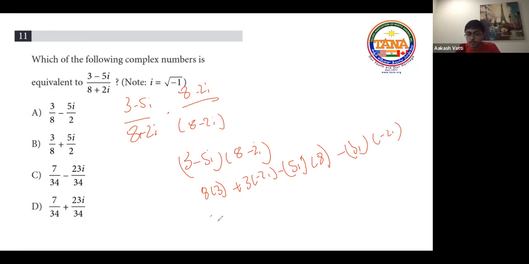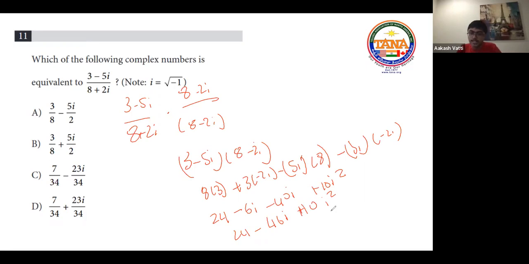And when you do that out, you get 24 minus 6i minus 40i plus 10i squared, which is the same thing as 24 minus 46i plus 10i squared.